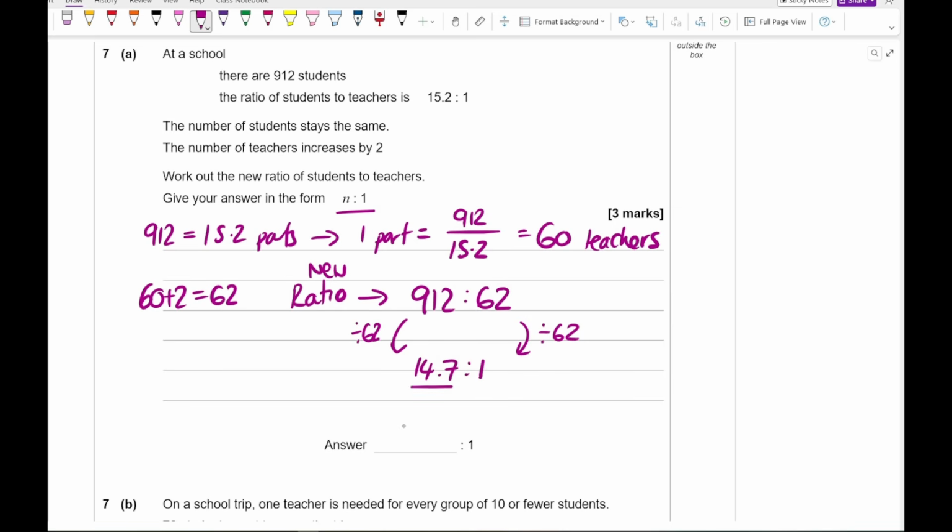Now that number has been rounded, so depending on what your rounding is, I'm just going to say that this has been rounded to 1 decimal place.